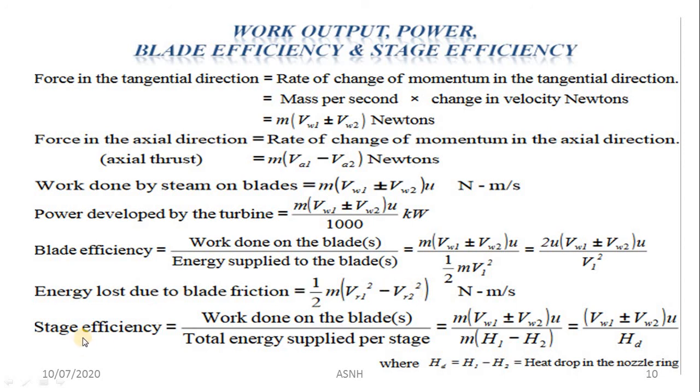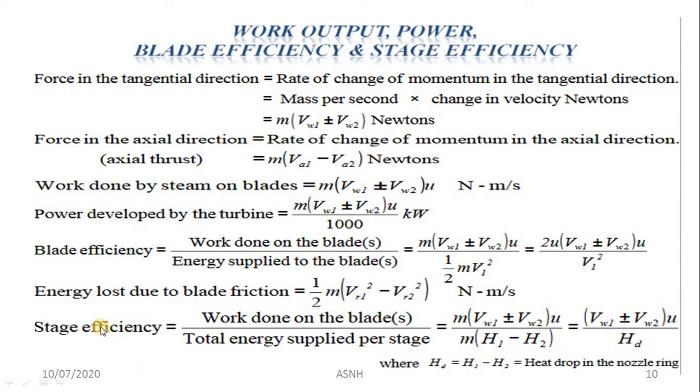And finally you will get the stage efficiency, that is, work done on the blades upon the total energy supplied per stage. Here we already have the formula of the work done, m (Vw1 plus or minus Vw2) u, upon m (H1 minus H2). The heat drop, H1 minus H2, is HD.